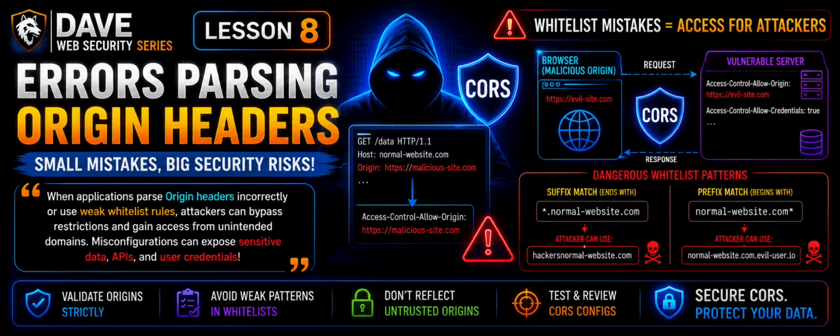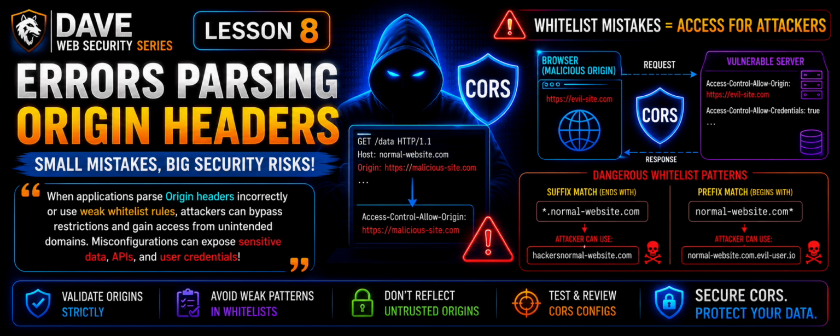Errors parsing origin headers. Some applications that support access from multiple origins do so by using a whitelist of allowed origins. When a CORS request is received, the supplied origin is compared to the whitelist. If the origin appears on the whitelist, then it is reflected in the Access-Control-Allow-Origin header so that access is granted. For example, the application receives a normal request like GET /data HTTP/1.1, Host: normal-website.com, Origin: https://innocent-website.com.